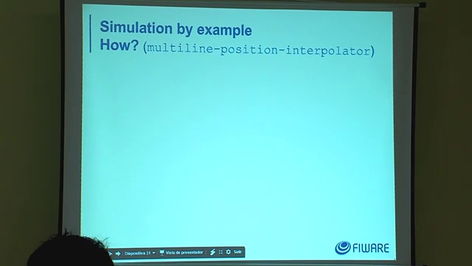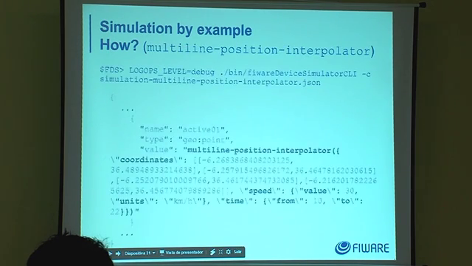There is also a geolocation interpolator. I won't get into the details because it's on the documentation, but as you can see, you can generate routes and specify the speed the mobile element will be getting. Also, you can specify a starting and ending time.